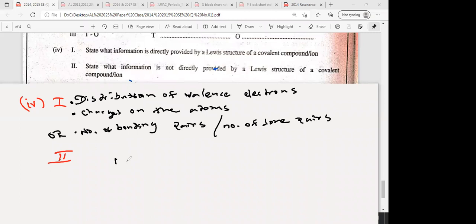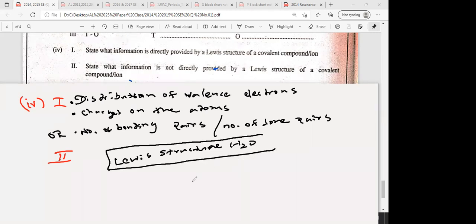If you are asked to draw the Lewis structure of the water molecule, H2O, you can draw it like this. Is this wrong? Is this correct or wrong?